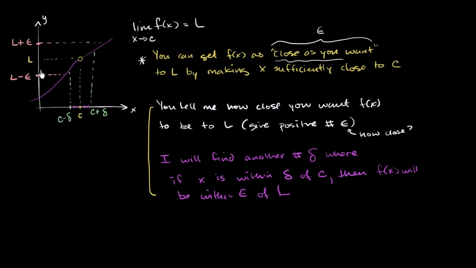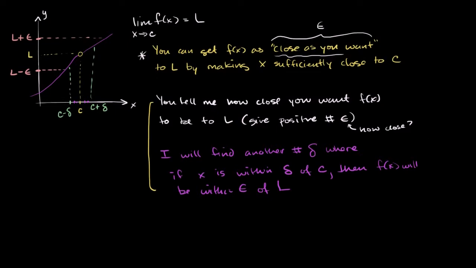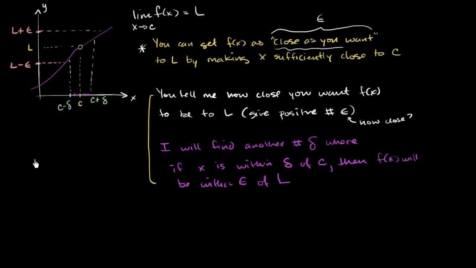They're going to be within the range L plus epsilon or L minus epsilon. So what's another way of saying this? Another way of saying this is you give me an epsilon, then I will find you a delta. So let me write this in a little bit more math notation. It's mathier, but it's the exact same thing.